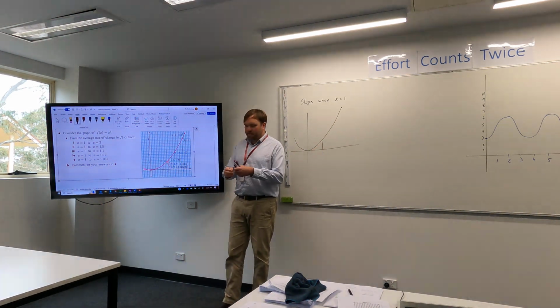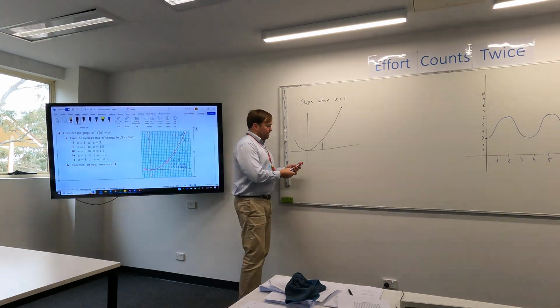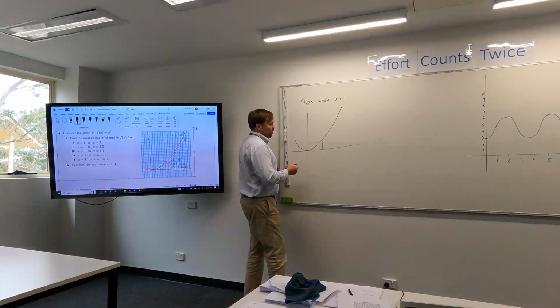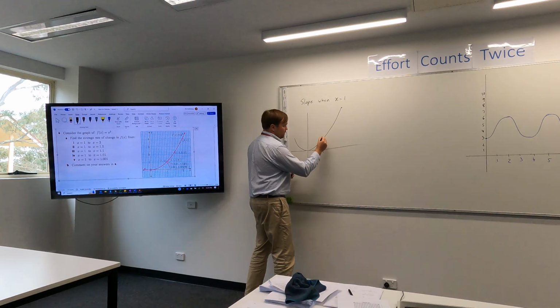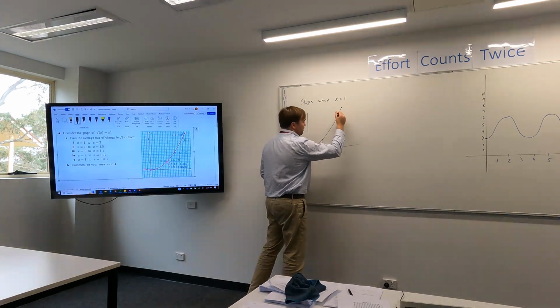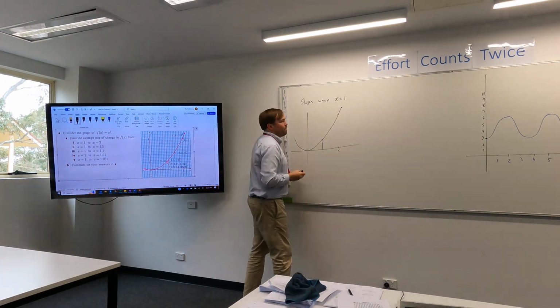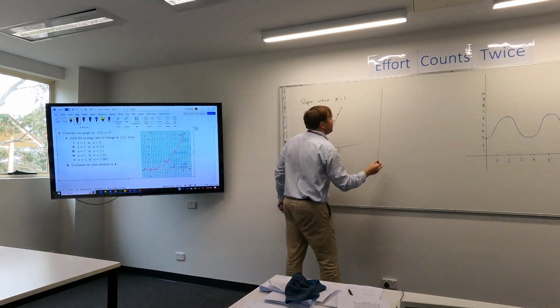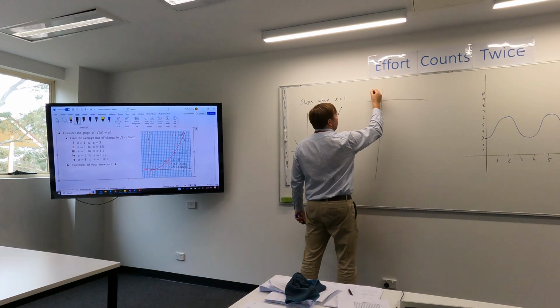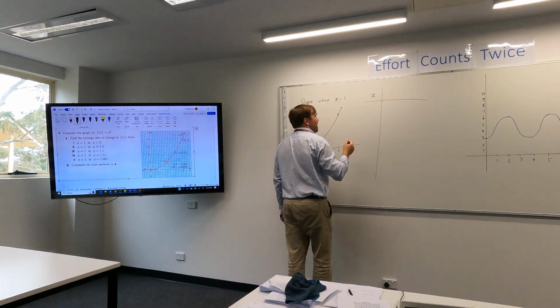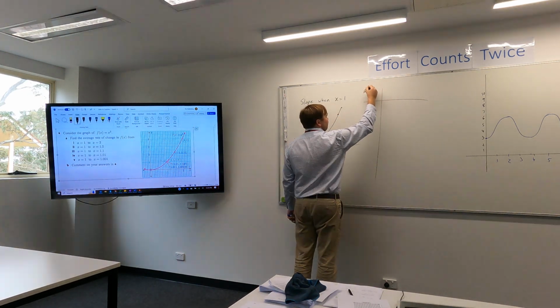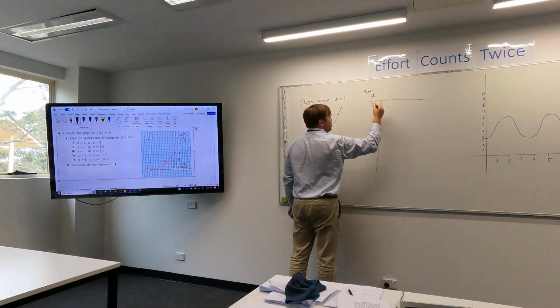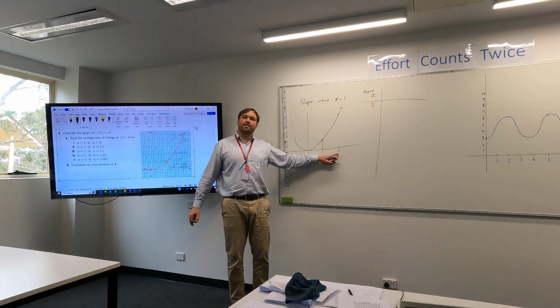So, what they've suggested we do is we start by finding the slope between x is 1 and x is 2. Alright, so I'm just going to draw a little table here, and we're going to look at when the right x is 2.